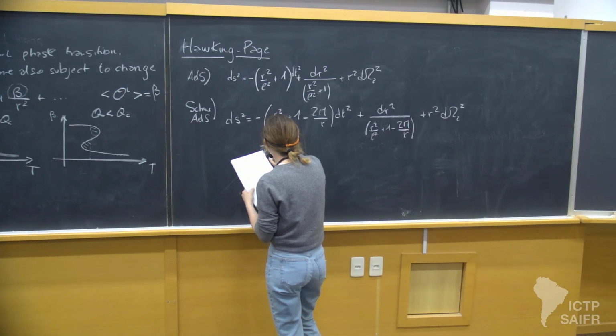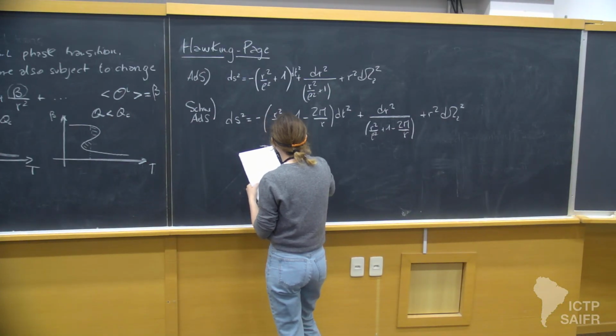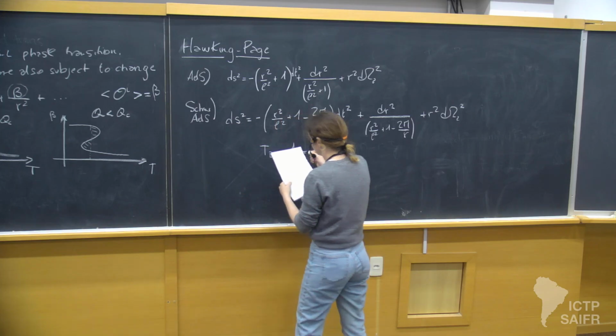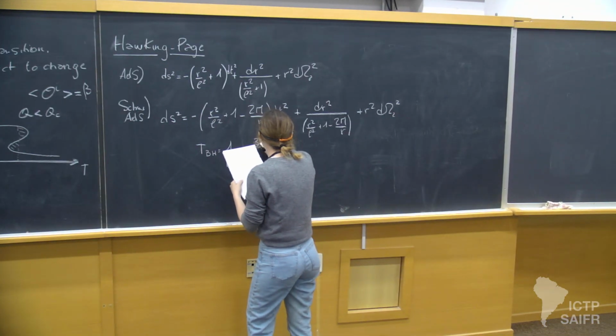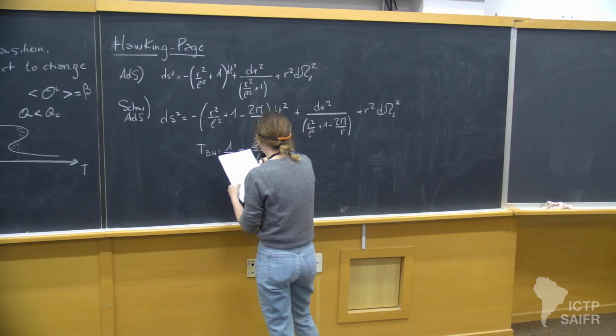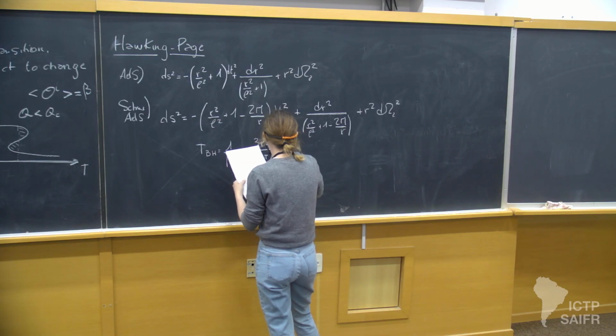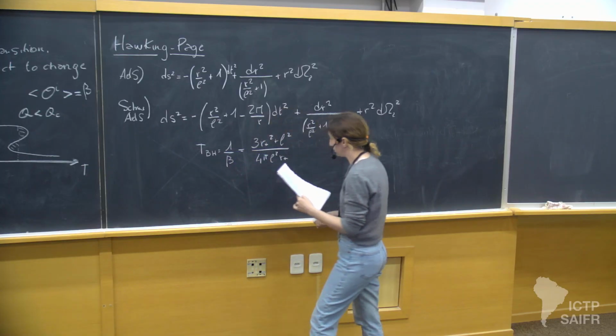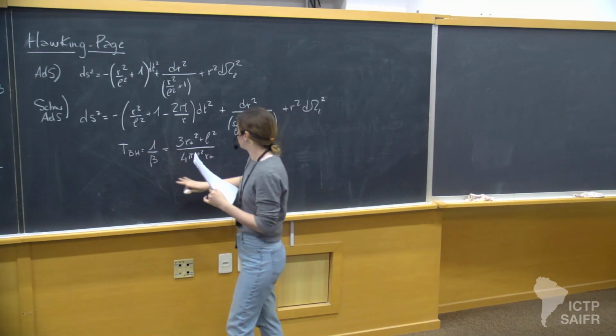So the temperature of the black hole, which is also equal to 1 over beta as a definition, is T = (3 r_+^2 + L^2) / (4 pi L^2 r_+). So this is the temperature of the black hole.